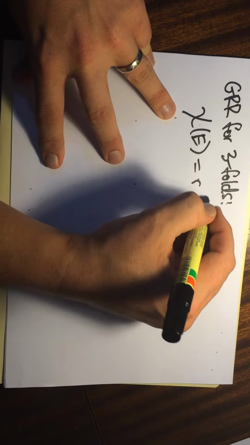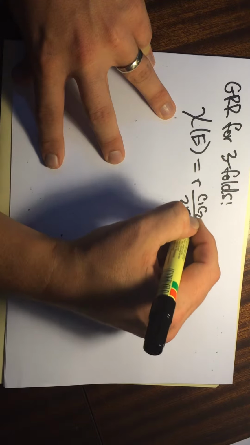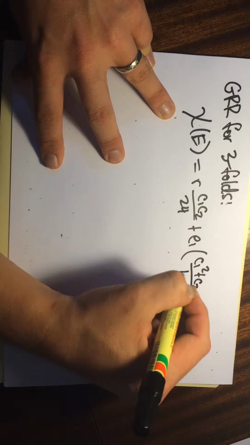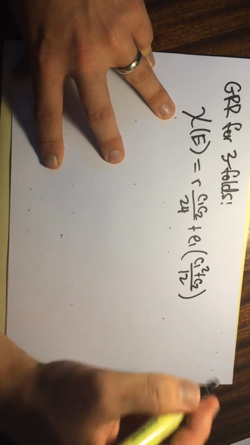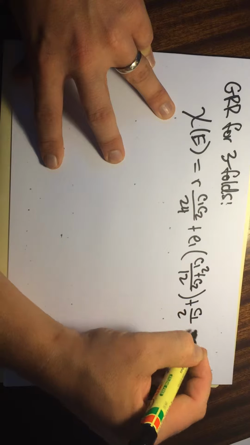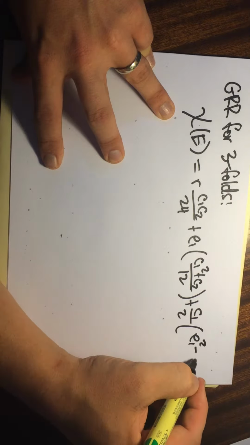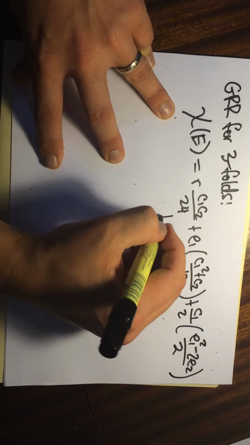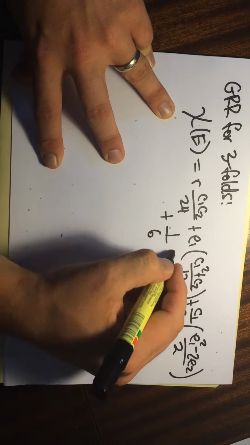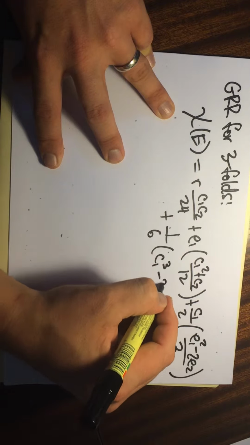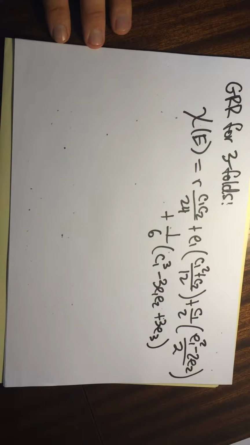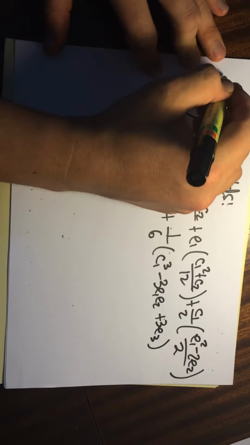R C1 C2 over 24, plus E1 times (C1 squared plus C2) over 12, plus C1 over 2 times (E1 squared minus 2 E2) over 2, plus this big guy here, 1/6 (E1 cubed minus 3 E1 E2 plus 3 E3). Okay, this is the nice formula that we have.